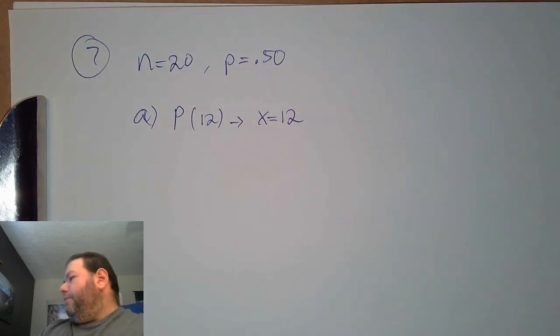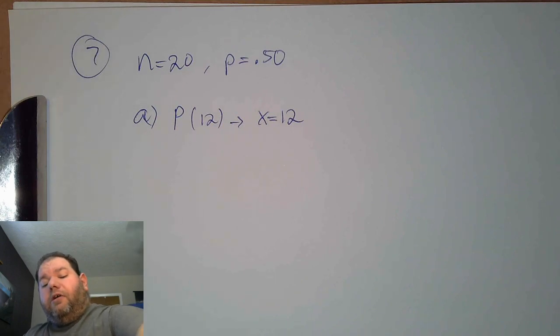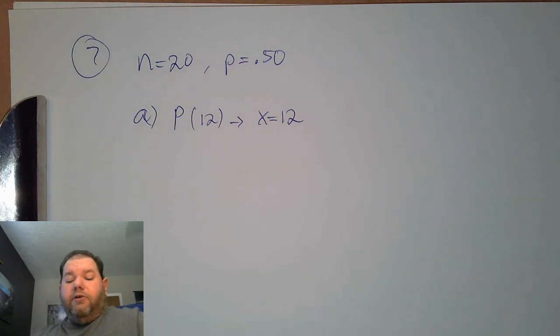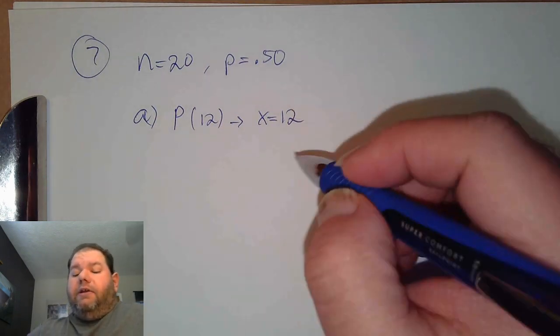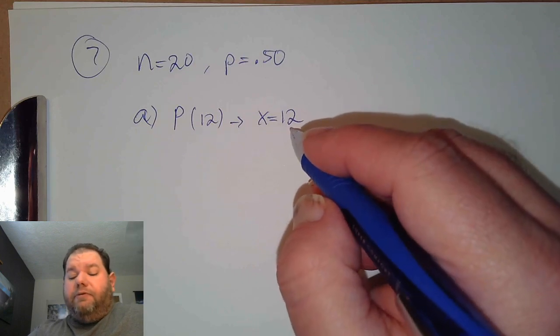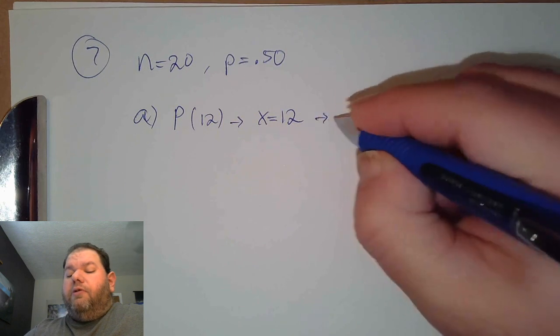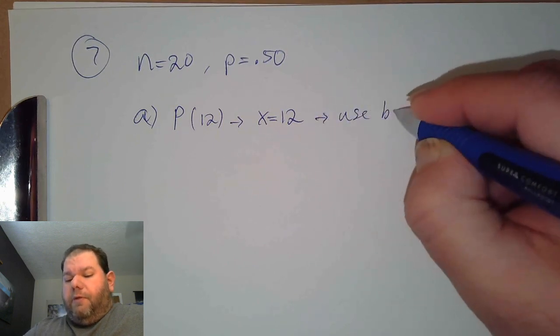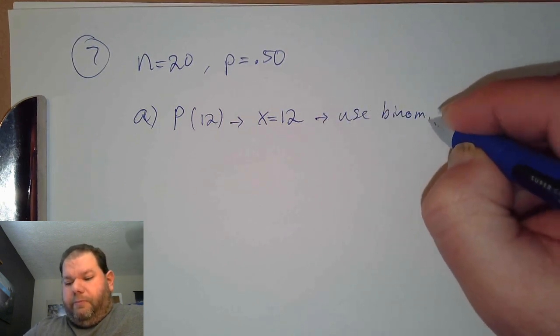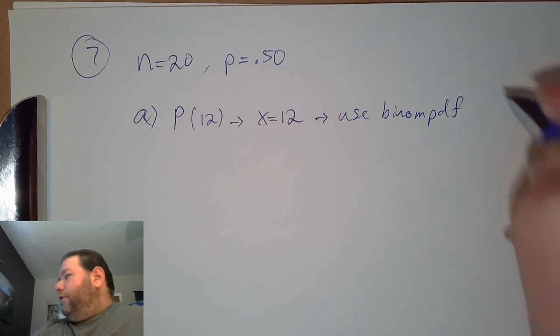So that means we have x equals 12. That's the scenario we're trying to find. So anytime it's just a specific value, that means we use Binomial Pdf on the calculator.